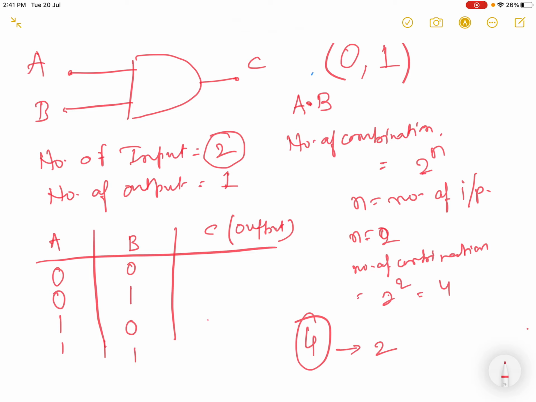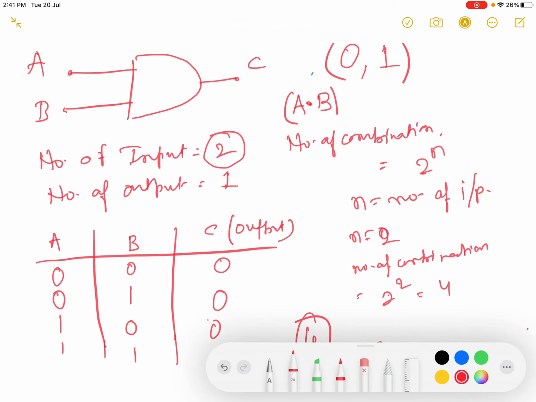So this is the combination: 0 0, 0 1, 1 0, 1 1. This is just like multiplication. You can assume it is just like multiplication. Anything multiplied by 0 will be 0. So what is this? This is the truth table.